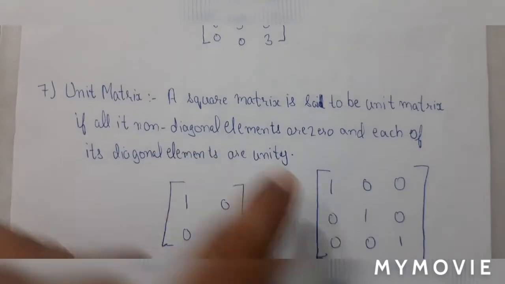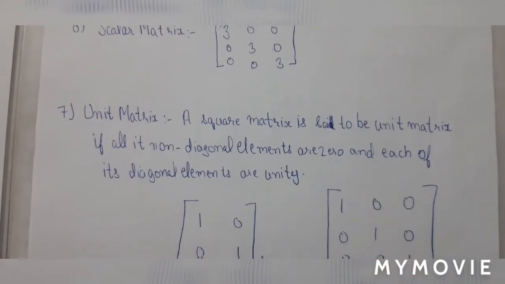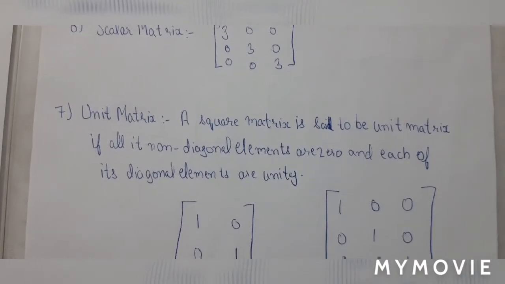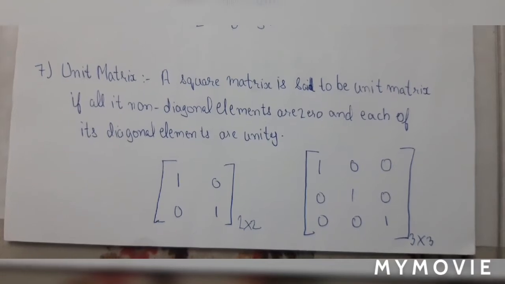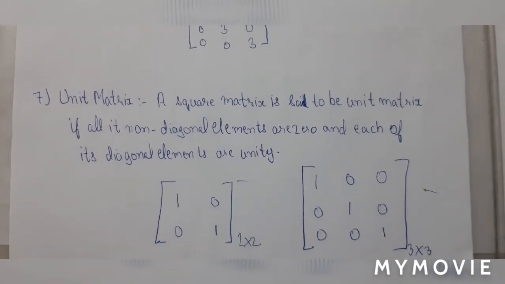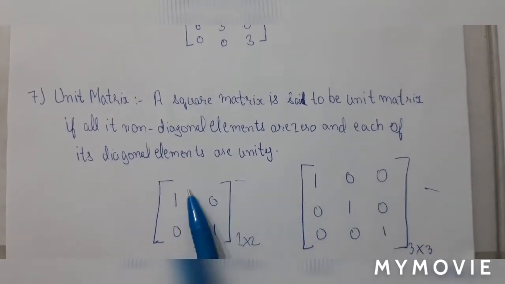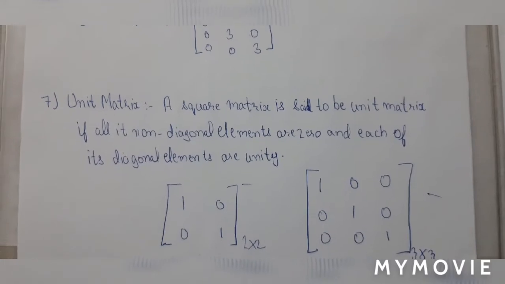In this, the diagonal elements are unity and the non-diagonal elements are 0. So you should learn this. This is a 3 cross 3 matrix. You should remember both of these unit matrices.